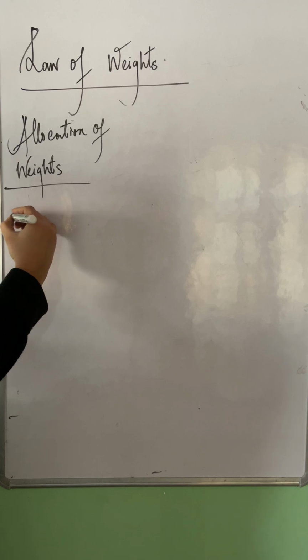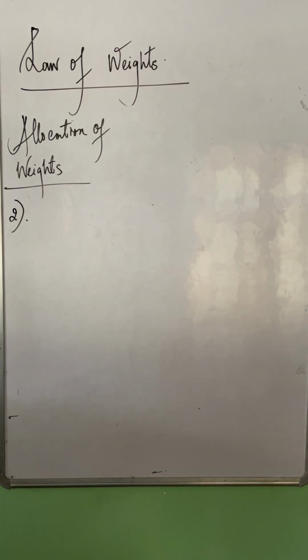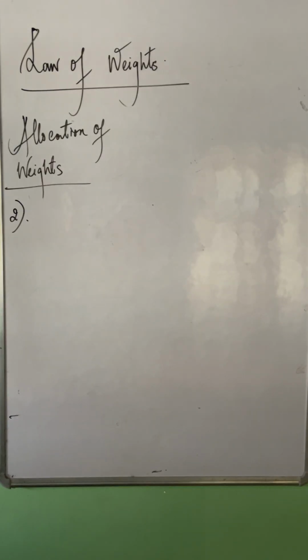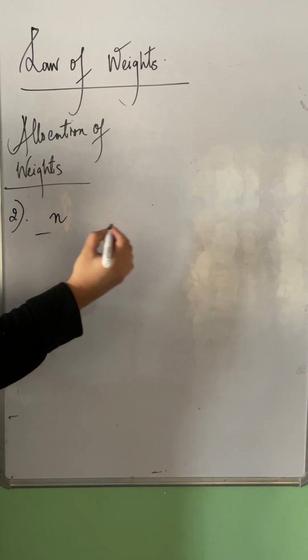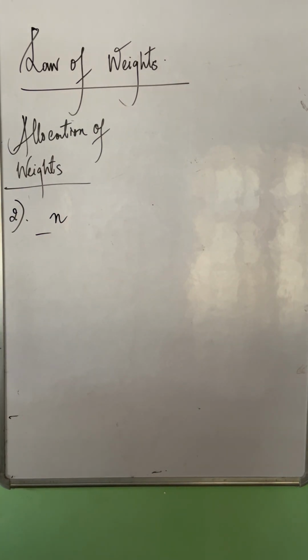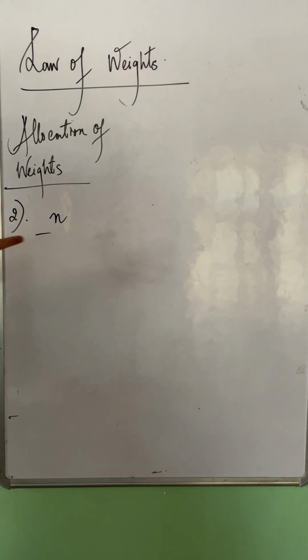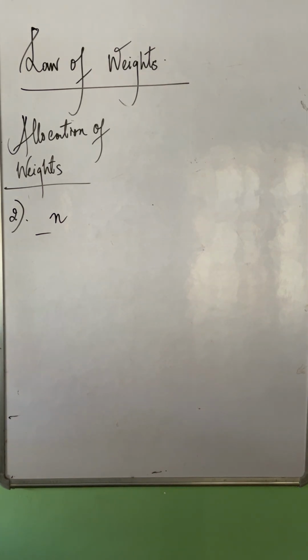Second one. The weights to the quantities measured in similar conditions are assigned in direct proportion to the number of times a quantity is measured. So the weights of the quantities measured in similar conditions are assigned in direct proportion to the number of times we take the observations. For example, let's illustrate this with the help of an example.